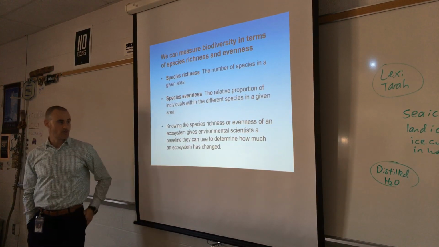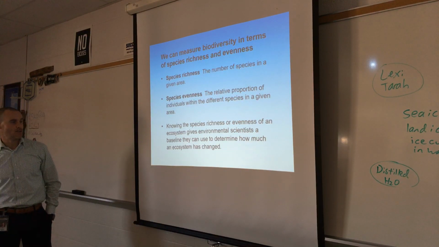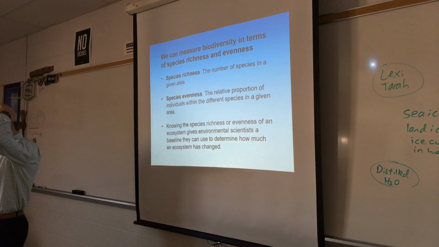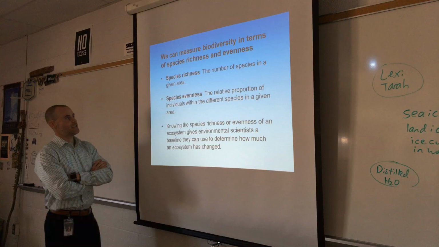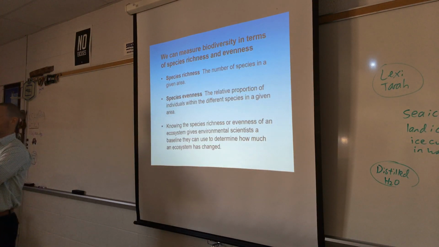Knowing the species richness or evenness of an ecosystem gives environmental scientists a baseline they can use to determine how much an ecosystem has changed. So if we relate this to the carbon lab, how would you describe the species richness and evenness down there? A lot of oak.